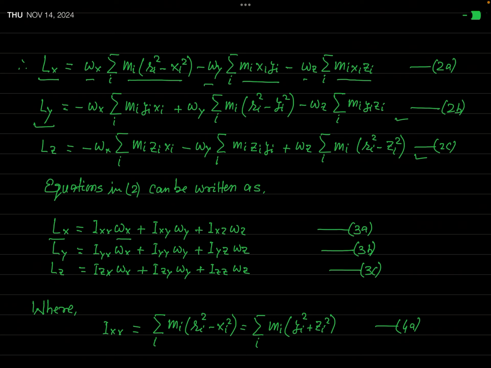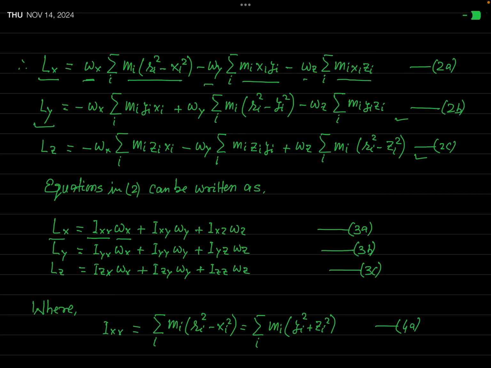You can see here this I_xx has been written in place of the summation over i m_i times (r_i square minus x_i square) multiplying omega x. That has been written by the symbol I_xx. Let us wait. We will see what this I_xx is.